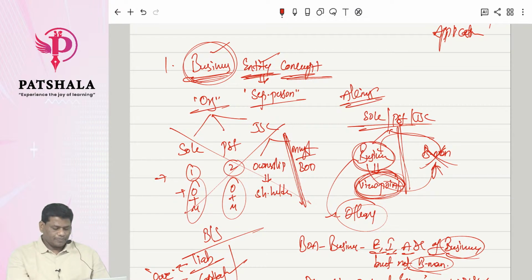Second, business should always be viewed as separate from that of its owner.